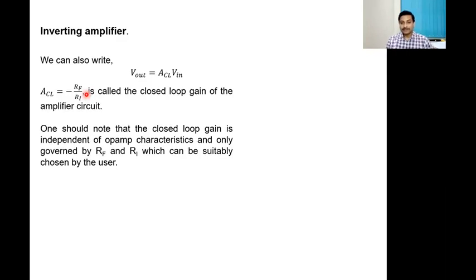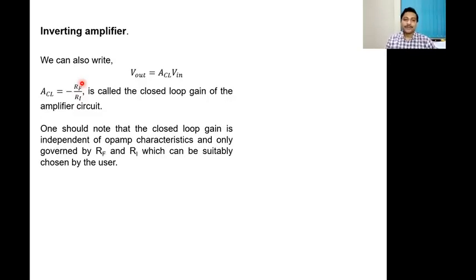So although we are using the operational amplifier, and in principle, intrinsically, we are using its characteristics to achieve the performance of the circuit, once the circuit is in a steady state, the relation between the input signal and output signal seems independent of the operational amplifier characteristics. At least in terms of gain, it only depends on these external factors RF and RI, which are now user controlled, right?